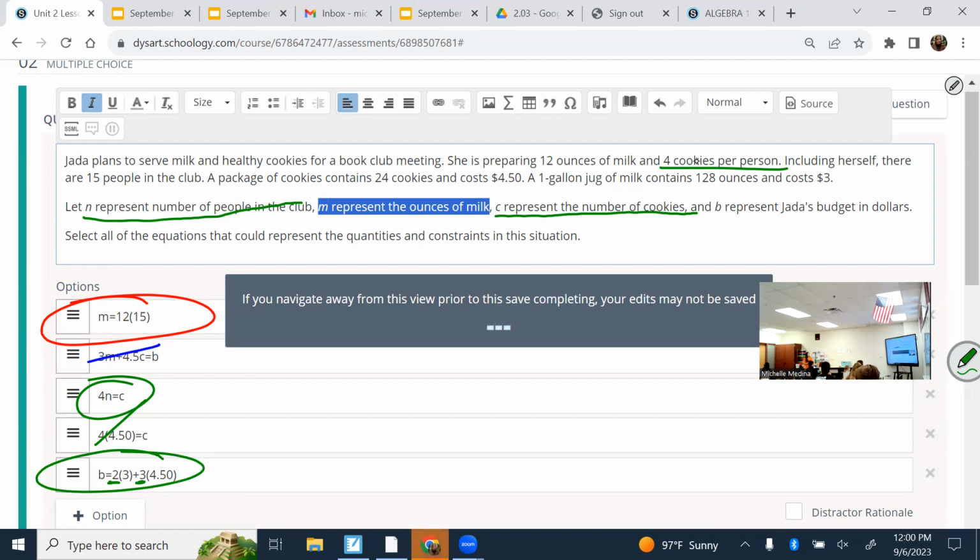If there are 24 cookies, I have to do 15 times 4. And then if there's 24 cookies in a package, that probably means I need to buy at least 3 packages. And if there's 128 ounces in a gallon, and she wants to give each person 12 ounces of milk, she probably did that math, 12 times 15, and figured out she needs 2 gallons of milk. So I do think it is those 3.